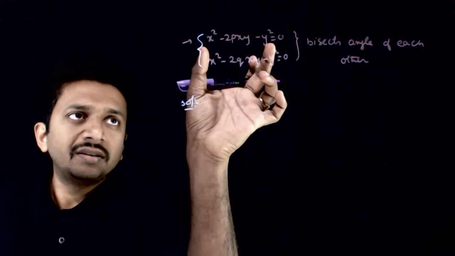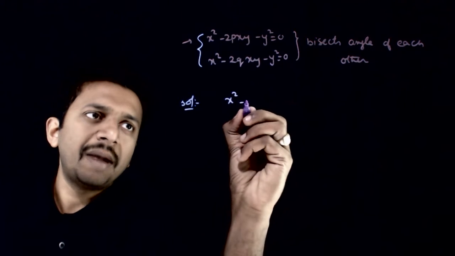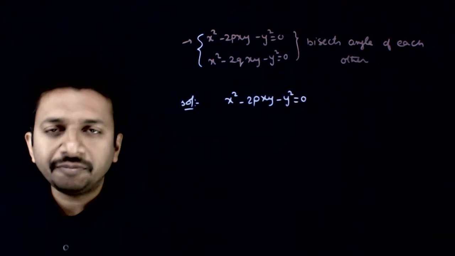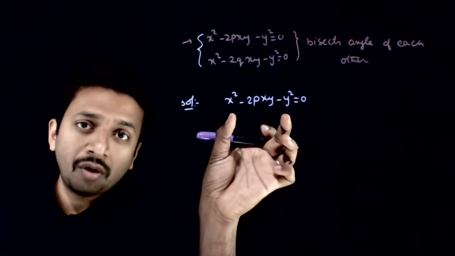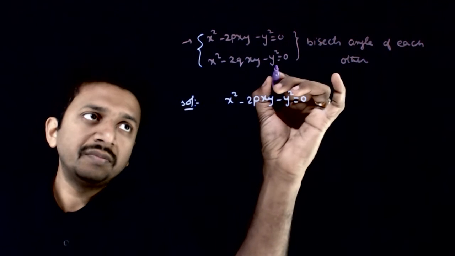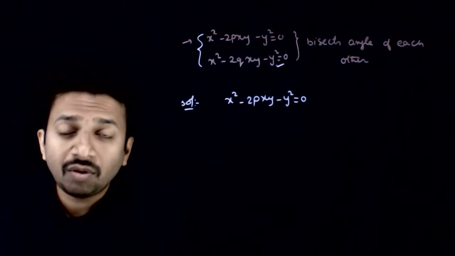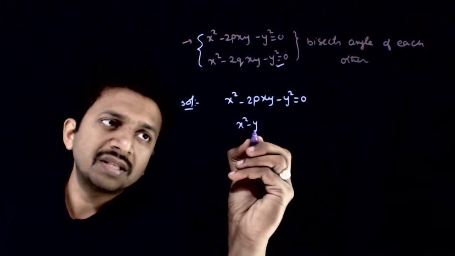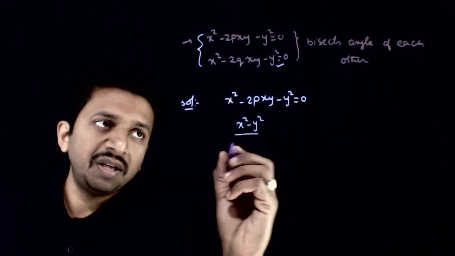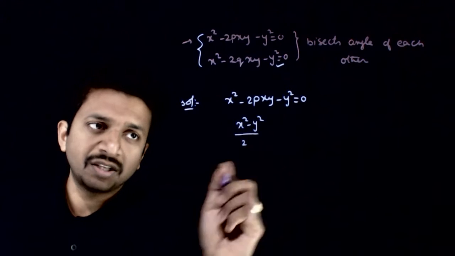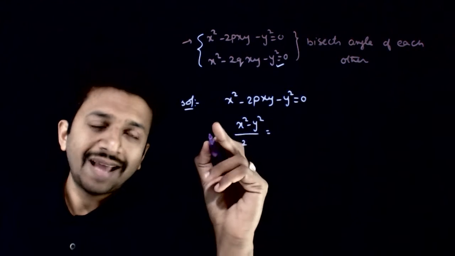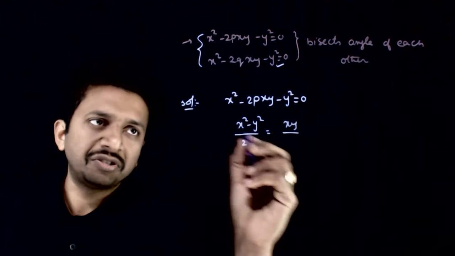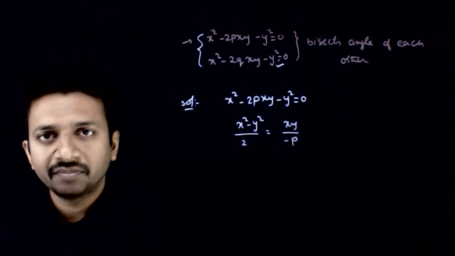So if you take x square minus 2pxy minus y square is equal to 0, the angle bisector of this pair of lines should be equal to the second pair of lines, right? But what is the equation of the angle bisector? x square minus y square by a minus b, that is 2, 1 minus of minus 1, is equal to xy by h. h is minus p.